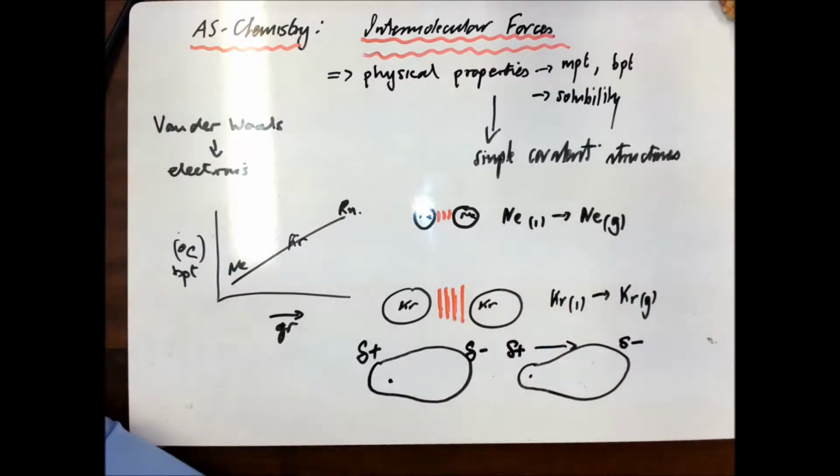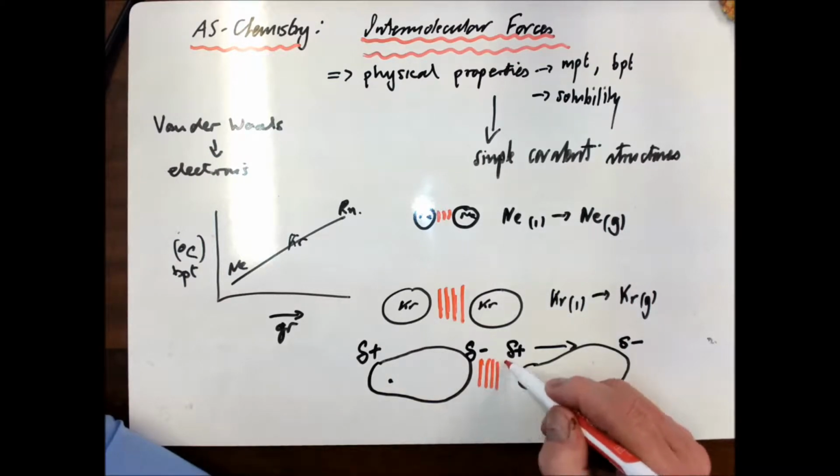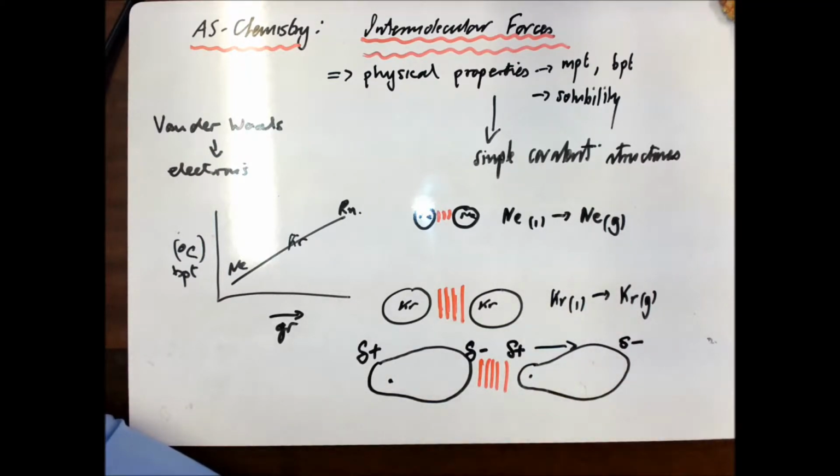Now, suddenly, which we didn't have here, we have got an attraction. And this attraction caused by the fluctuation in the electron cloud is what we're studying at the minute. And I'll just write VDW, that is our van der Waals force.